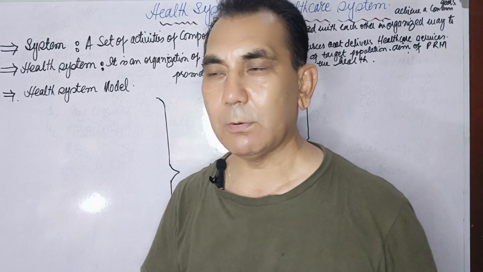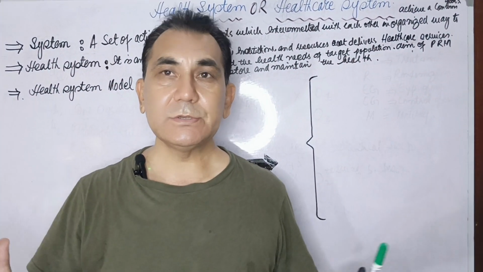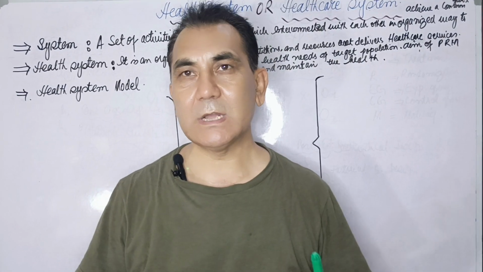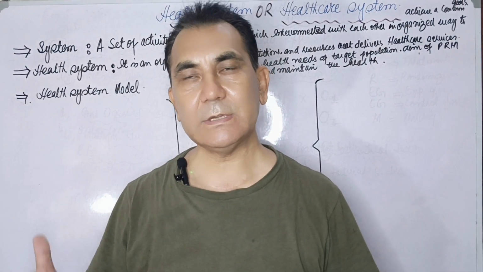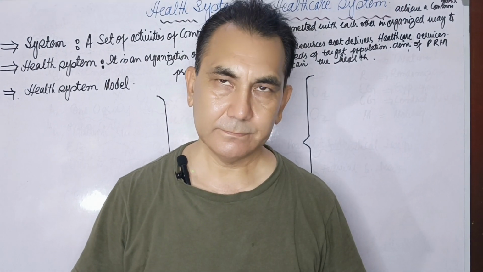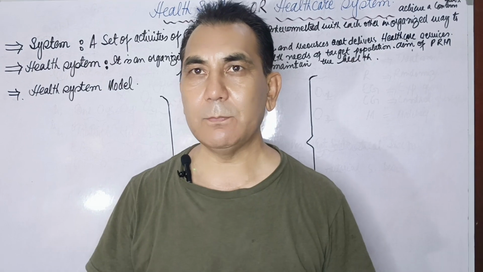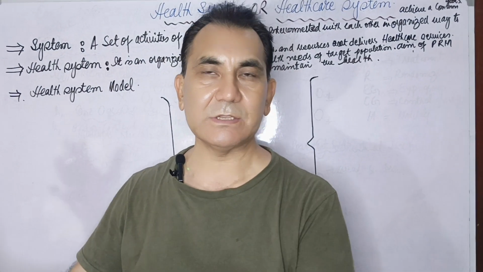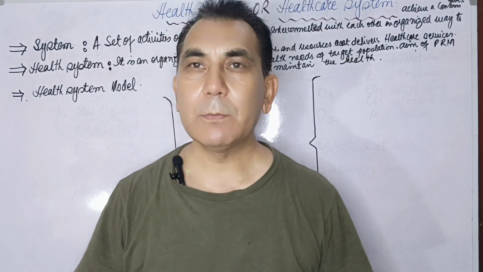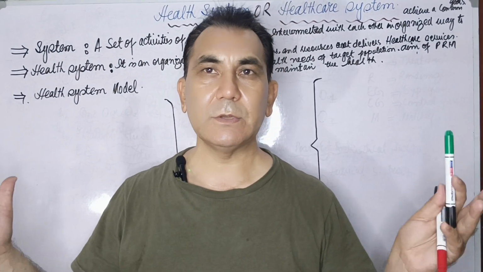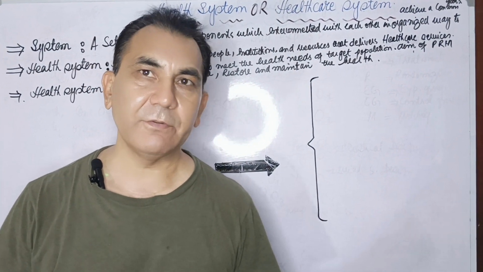Every country will develop or design its health system model according to its needs and resources. The models in developing countries may be different from developed countries, because their needs may be different.